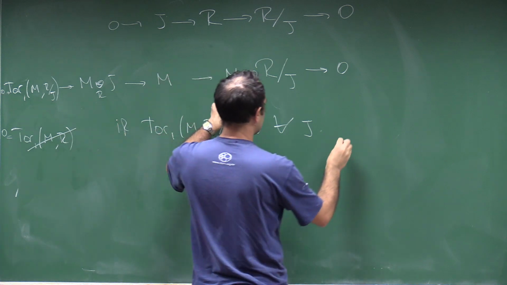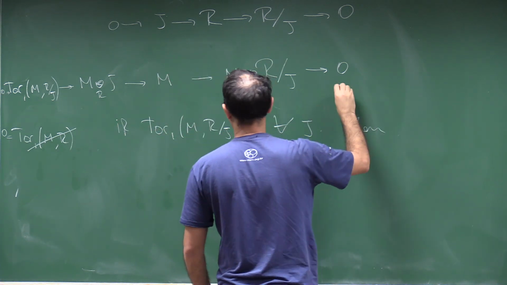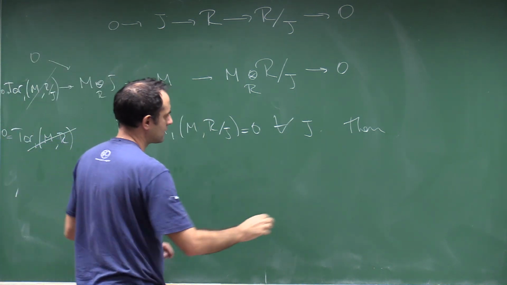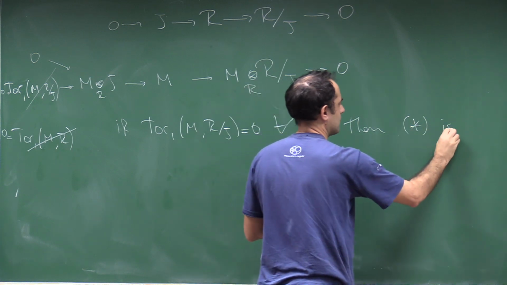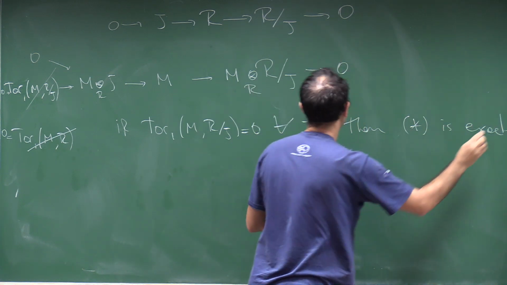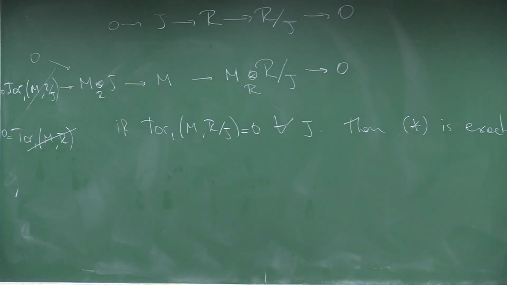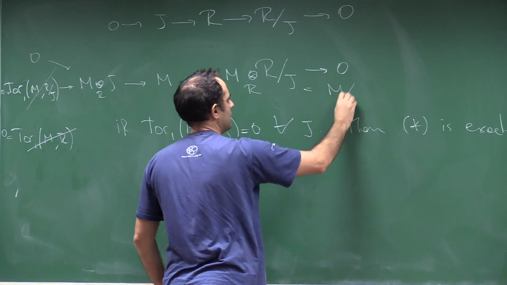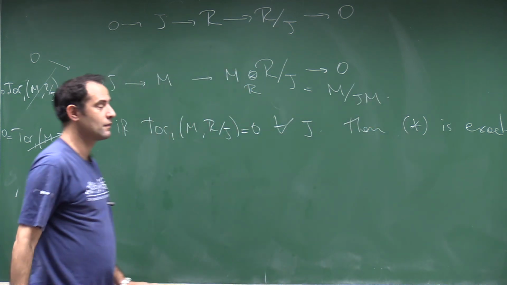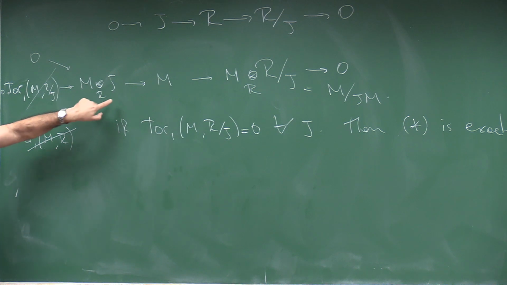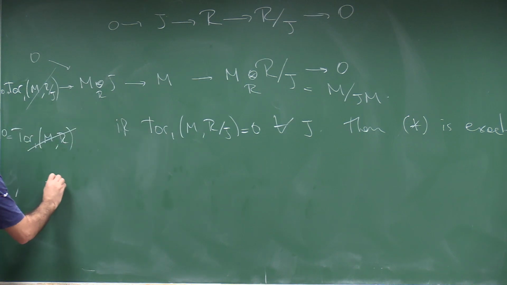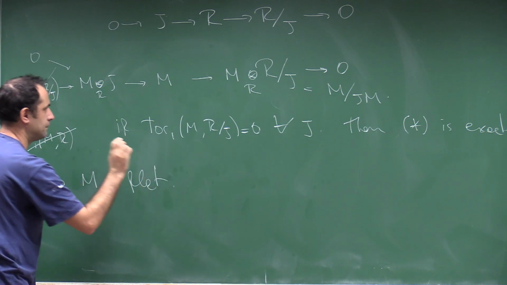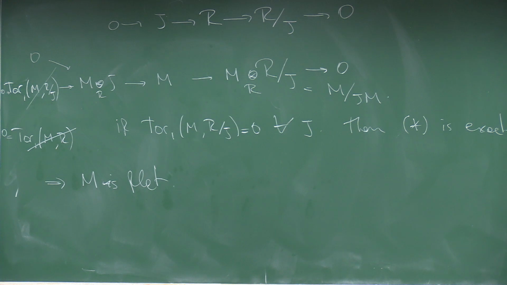And remember that this quotient here is the same thing as M divided by JM. And the fact that this was exact was equivalent to M being flat. That was one of the equivalents of M being a flat module.